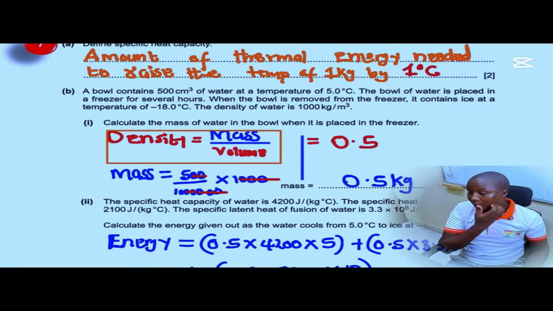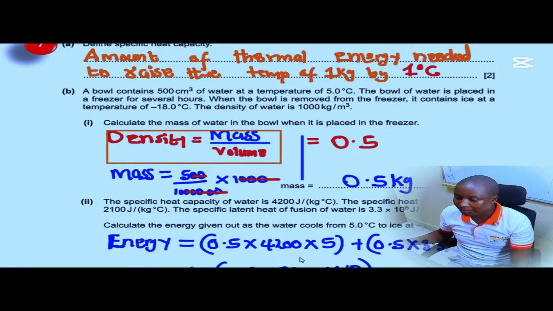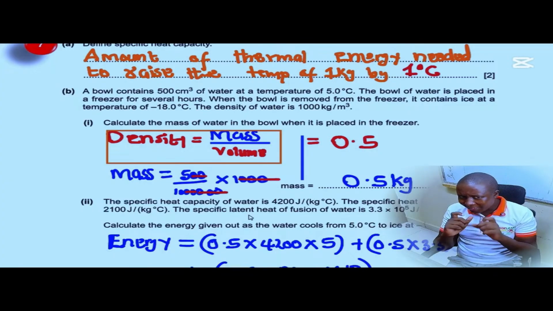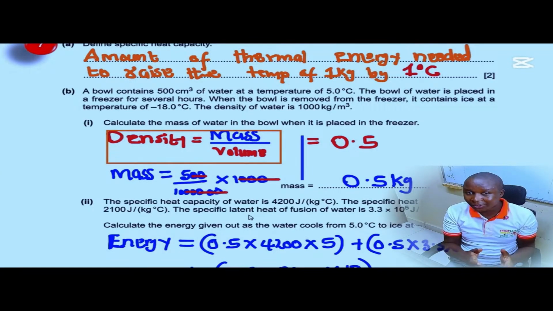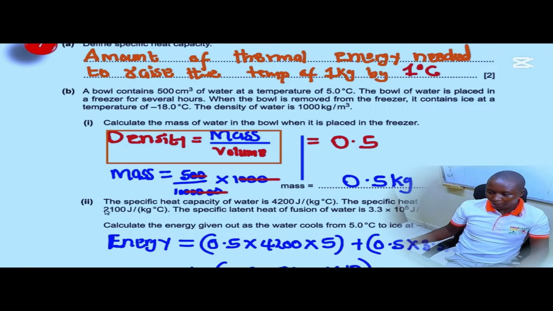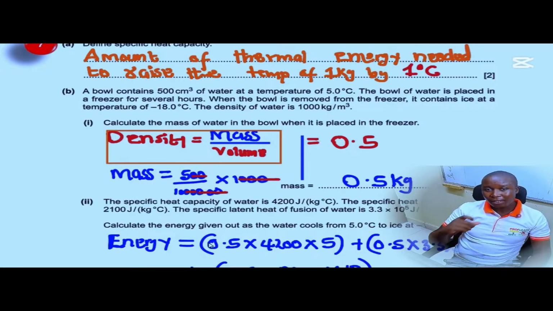Of course, this concept here about latent heat of vaporization and latent heat of fusion is not really very clear to be done by 2025 students, but it is very good for you to know what is supposed to be done, in the event an examiner decides to test that concept, you know exactly what to do. So remember, thermal energy is given by the formula mass times specific heat capacity times the temperature change.